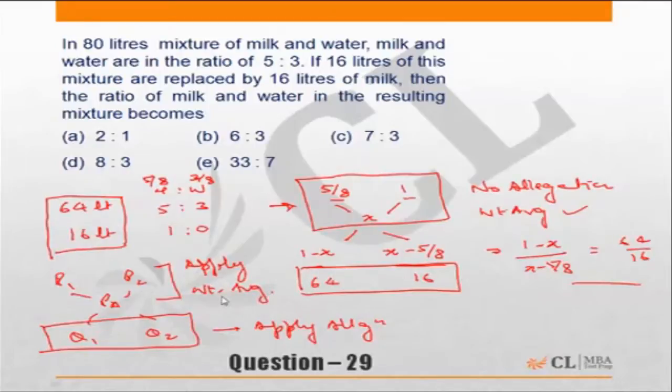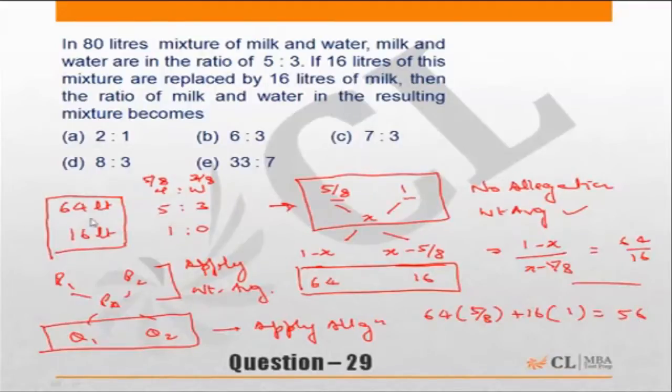Please remember this part. Let's come back and solve this question using weighted average. Let's look at the fraction of milk. The quantity of milk in the 64 liter mixture is 64 liters into 5 by 8 plus 16 liters into 1, because it's 100% milk. So we'll have 56 liters of milk.